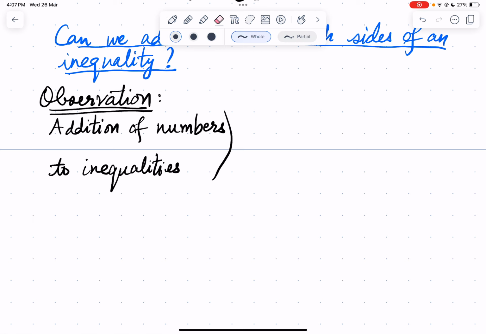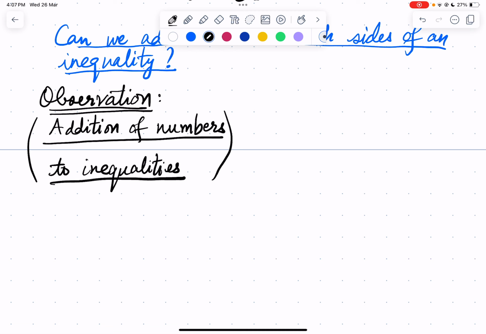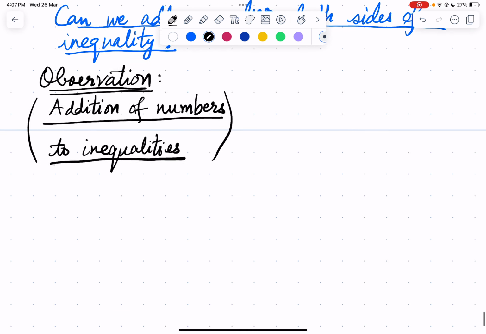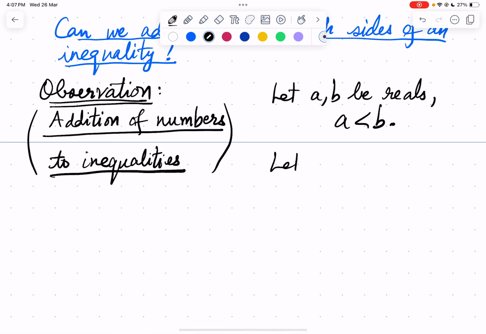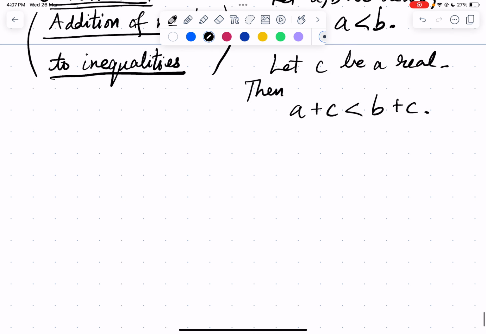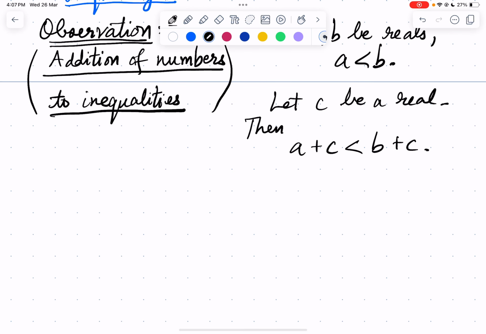This is the basic observation. So we can add numbers to inequalities. Let a, b be reals and a is less than b. Let c be a real. Then you can add c to both sides and it will preserve the inequality. Then a plus c is less than b plus c. We can add numbers to inequalities on both sides and the inequality won't change.